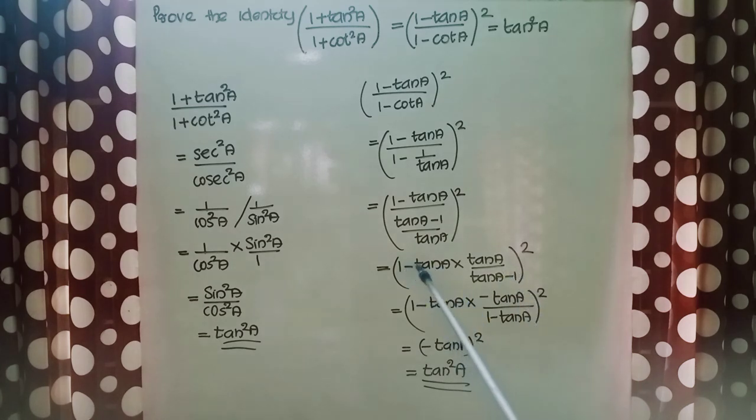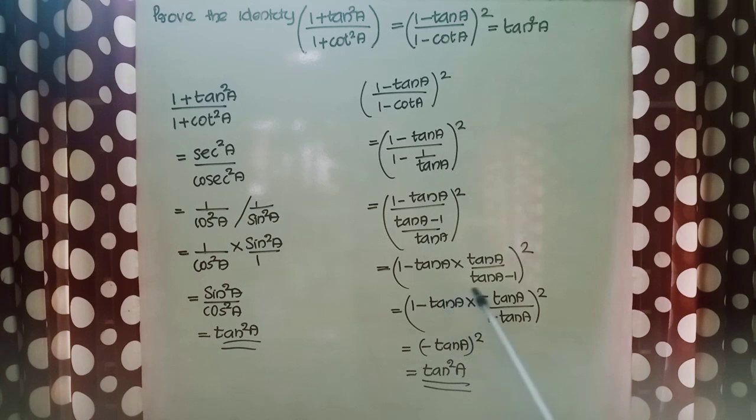Here this is 1 minus tan A and here it is tan A minus 1. We can make this also 1 minus tan A by taking the negative of it. So there will be a negative sign outside and it will become 1 minus tan A. So we can write that is equal to ((1 minus tan A) into minus tan A by (1 minus tan A)) whole square.